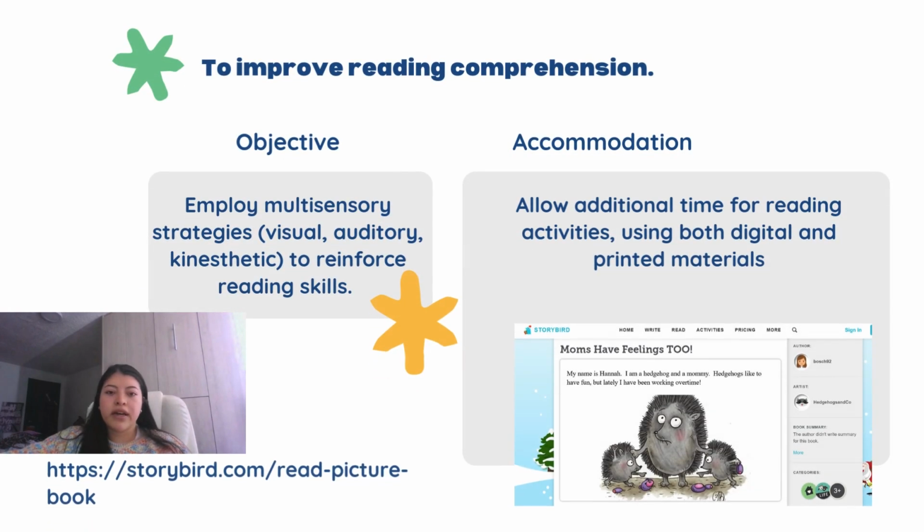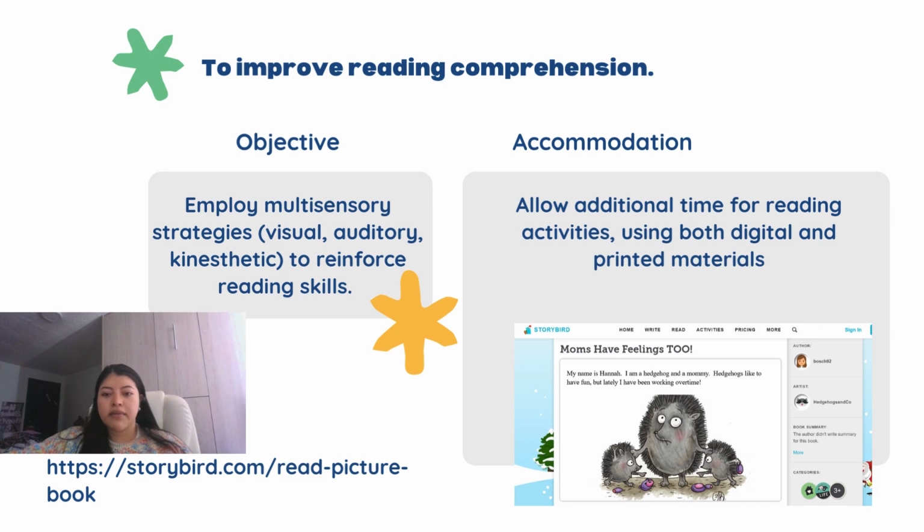So now here I have the first one, to improve reading comprehension. I want to explain really quickly, I am suggesting three main technological tools to use with people with dyslexia. The first one is to allow additional time for reading activities using both digital and printed material.